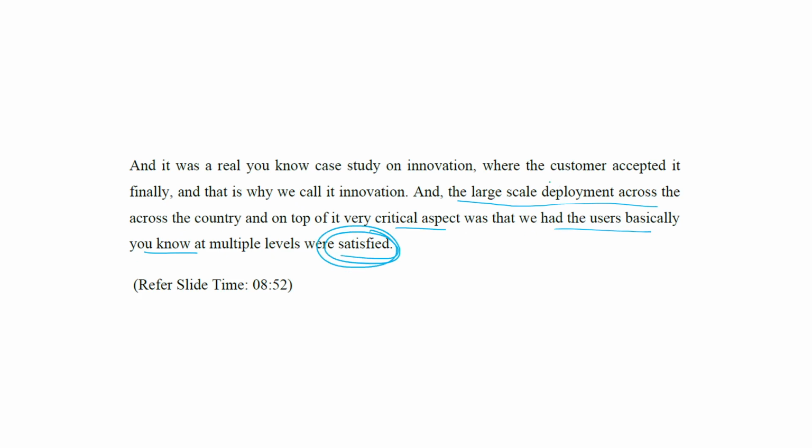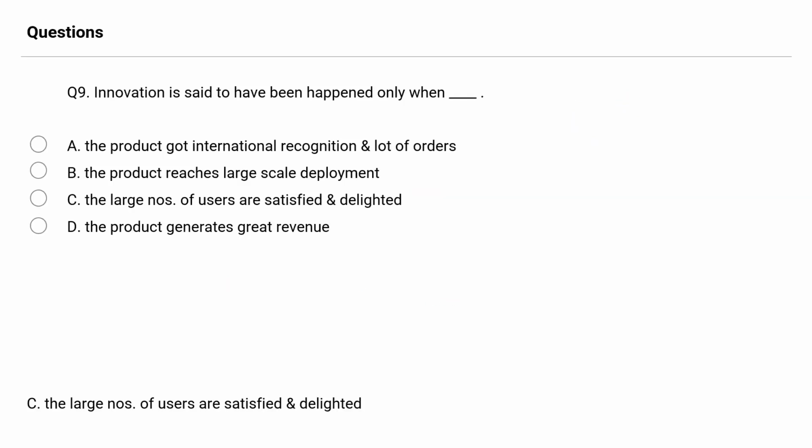Large scale deployment in itself does not quantify the innovation. There are many products that have been deployed at large scale, but unless the users are satisfied, it won't be called innovation. So making a large number of users satisfied and delighted is what we call innovation.